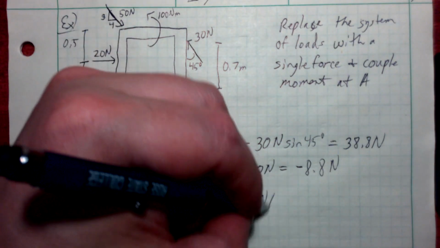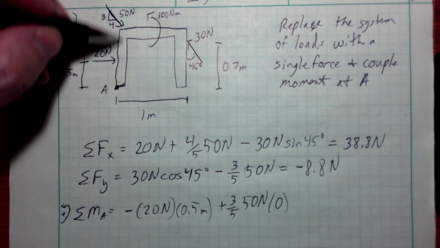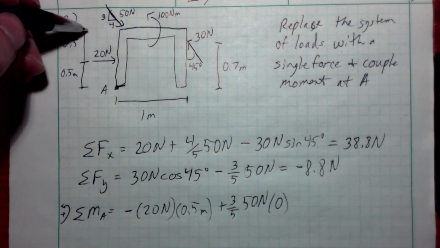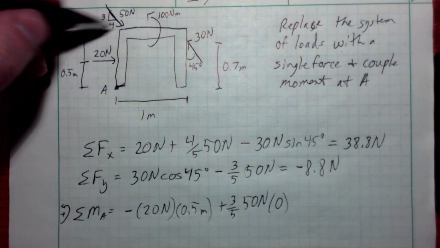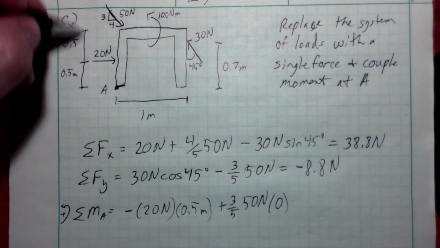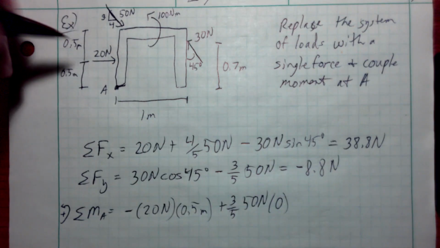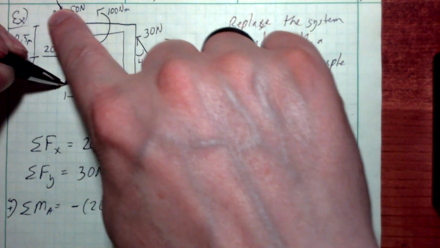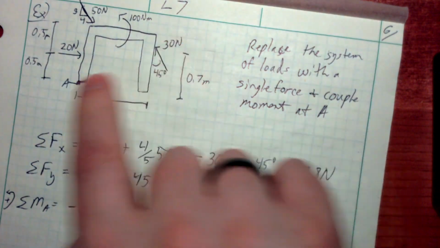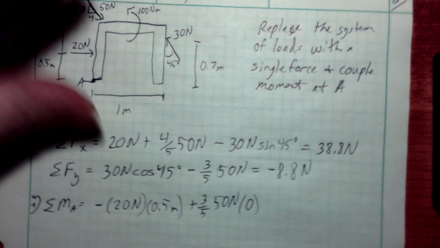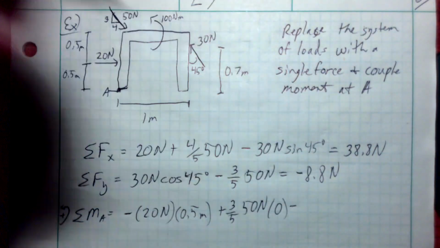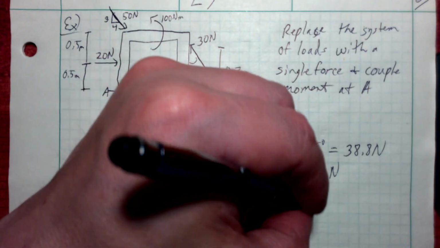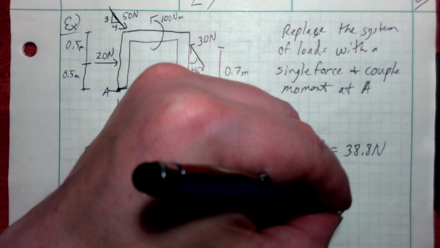Notice that the distance is 0 because it passes right through point A. But the X component, this guy, is a distance of 1 meter from point A. And this Y component here is trying to push this paper in a clockwise rotation, so it's going to be negative. The X component, the 4 is the horizontal, so it's 4/5 of that 50 newtons, and that's at a distance of 1 meter.